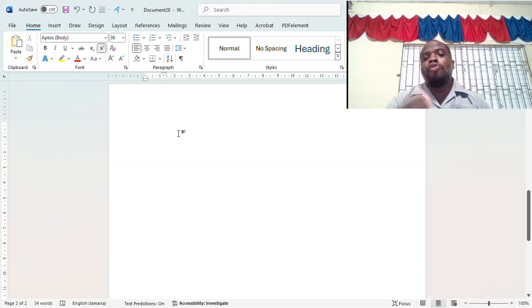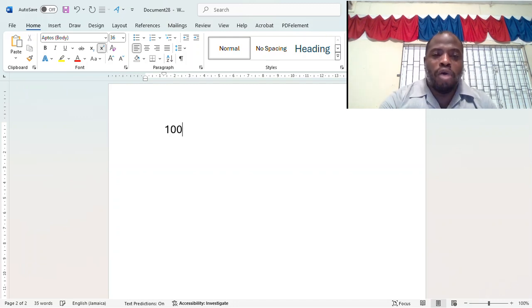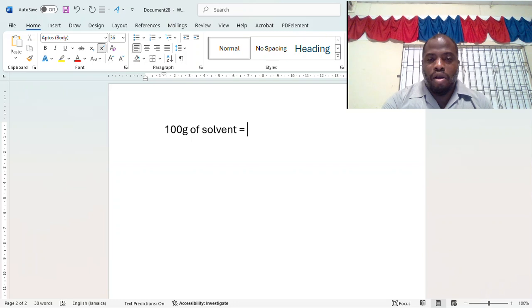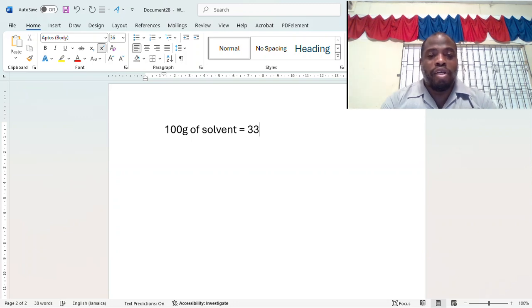So what do we know? We know when we have 100 grams of solvent, it is saturated at 55 degrees in terms of holding 33 grams of solute.